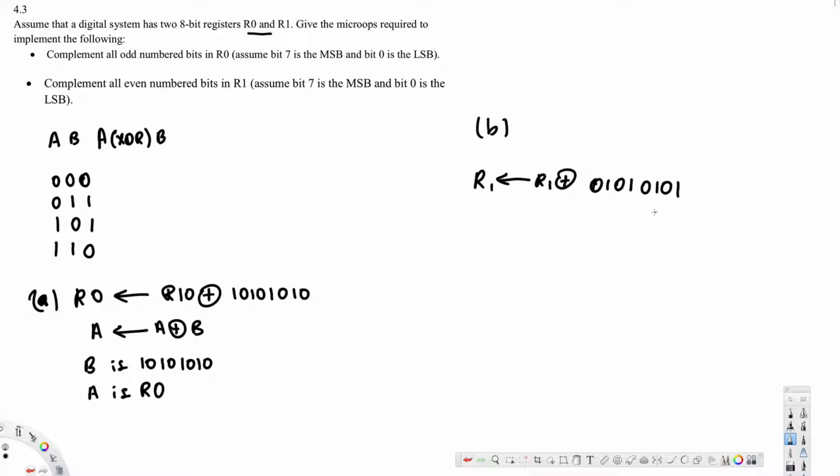So the required micro operation is A coming from A XOR B. Here B is 0 1 0 1 0 1 0 1, and A is R1, and that's it. This is A part, this is B part, and that's how we do this kind of problems.